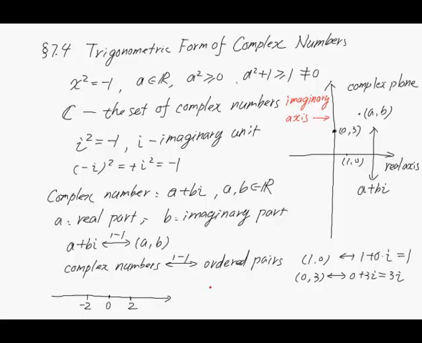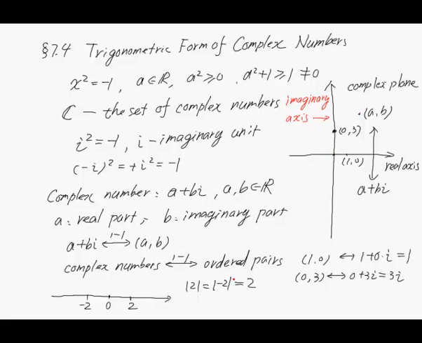Then the absolute value of 2 and also the absolute value of negative 2 are both equal to 2. And this 2 is just the distance between this point or this point and the origin. So similarly, in a complex plane, we may define the absolute value of a complex number as the distance between this point and the origin.